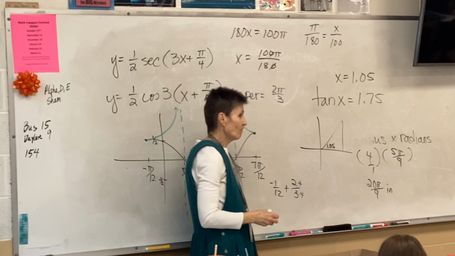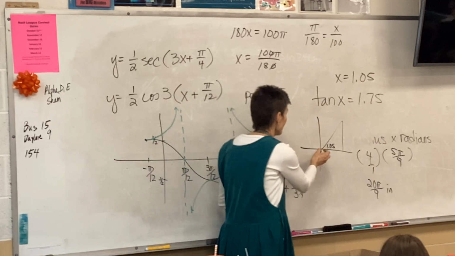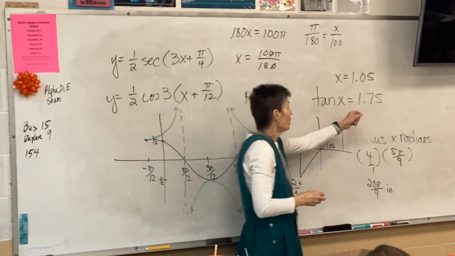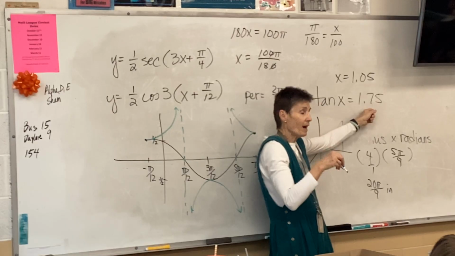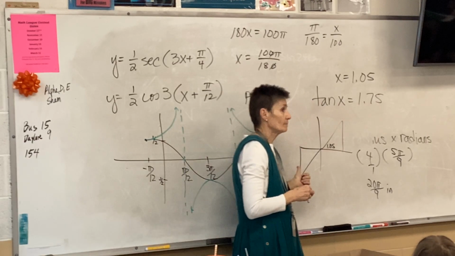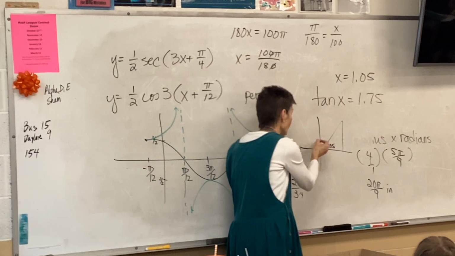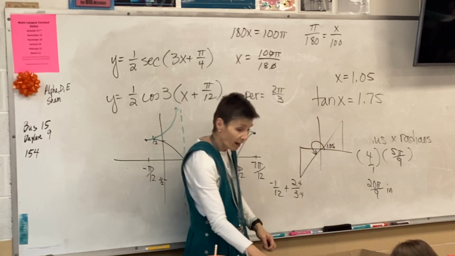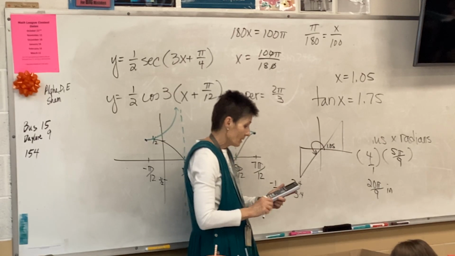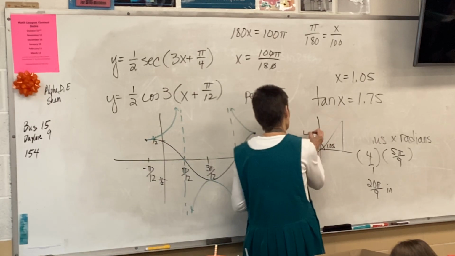But just like before, I could also be down here. Because isn't the tangent also a positive number in quadrant 3? So I would take 1.05 and add pi to it and get 4.19.